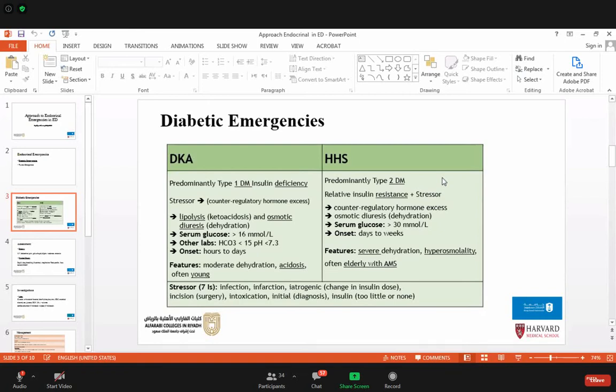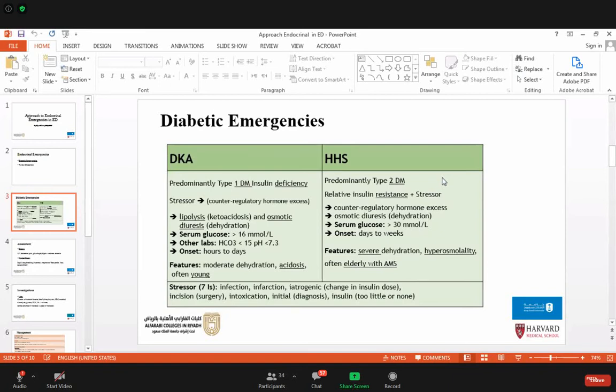Okay. So when we compare it with hyperosmolar hyperglycemic state, it's usually diabetes mellitus type 2 patients. They relatively have insulin resistance. Usually they still have some insulin in the system, but the cells are resisting the insulin to insert the glucose inside the cell.